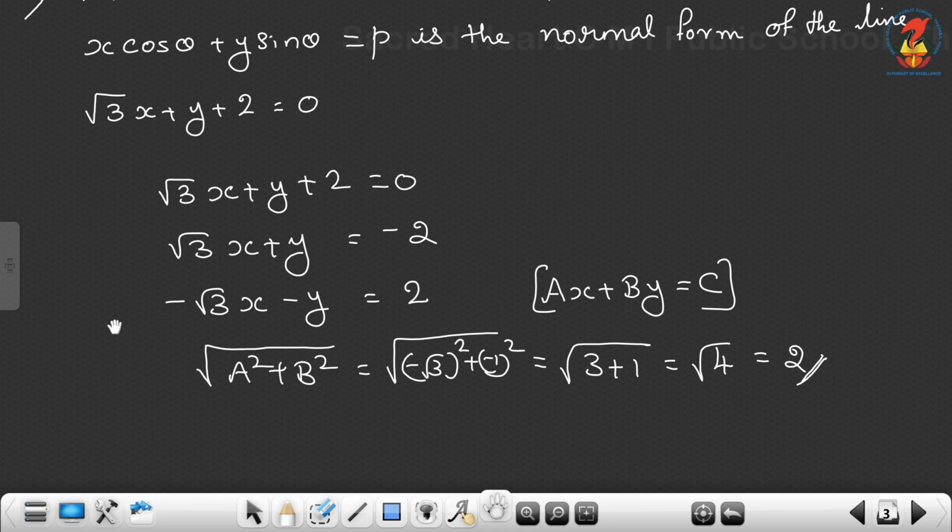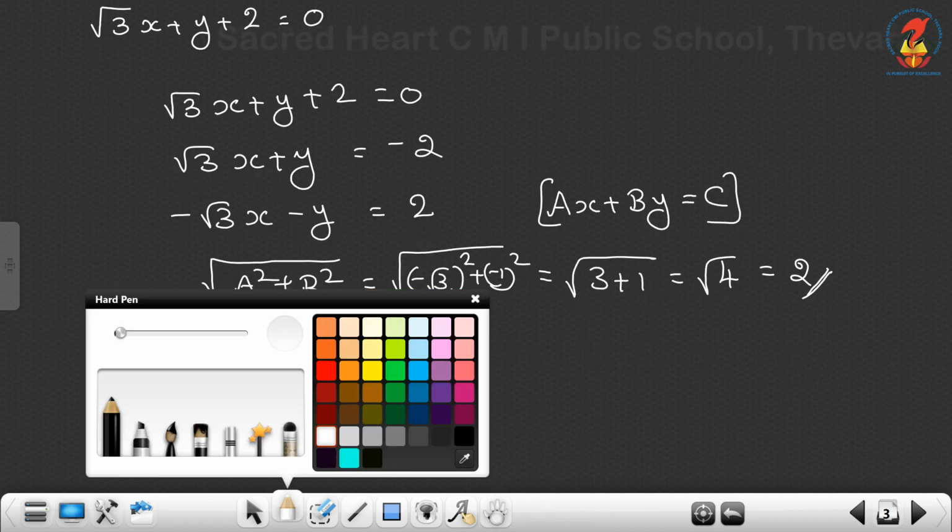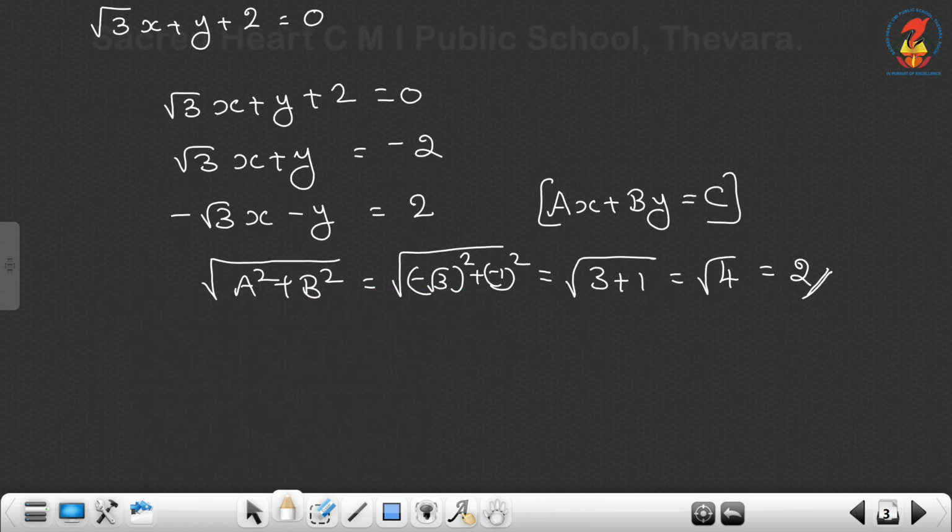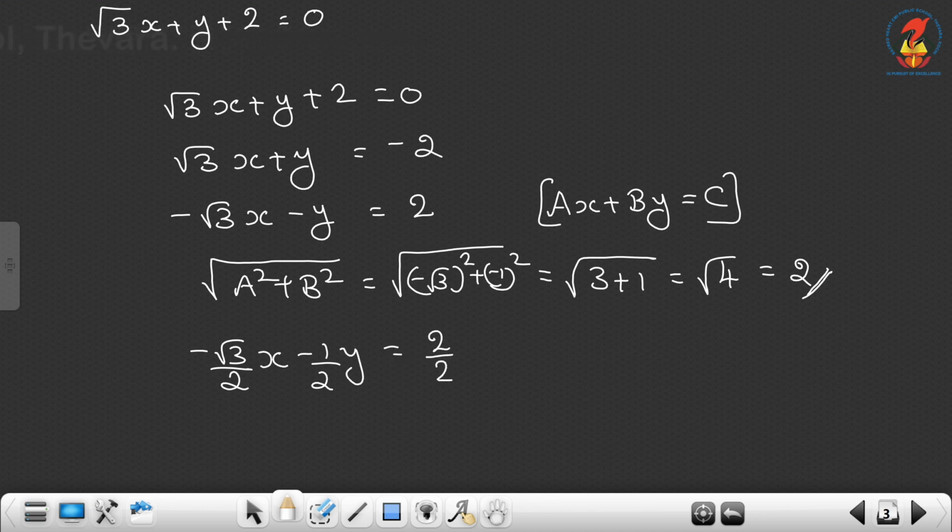Now divide throughout by this 2. This equation we have to divide by 2. So minus root 3 by 2x minus 1 by 2y is equal to 2 by 2. So which implies minus root 3 by 2x minus 1 by 2y is equal to 1.